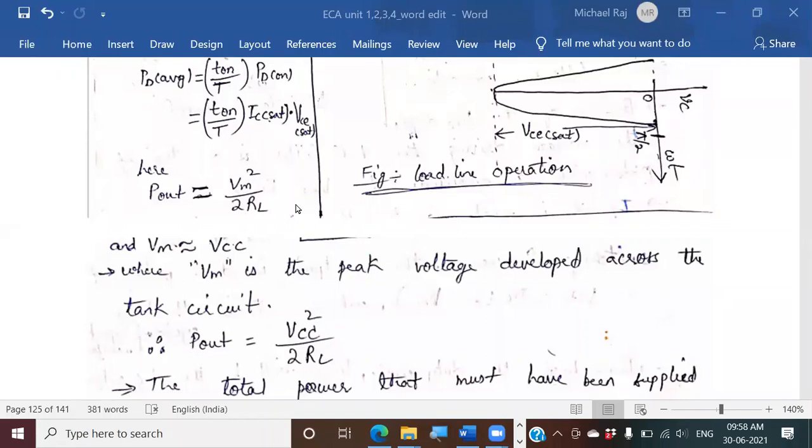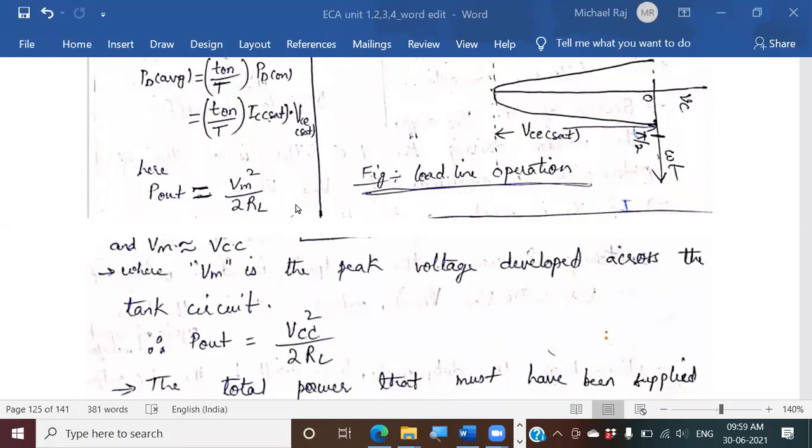Just now we discussed that, due to the tank circuit, we are expecting a sinusoidal signal. So we take the RMS value of a sinusoidal signal with peak value Vm, which is Vm by root 2.